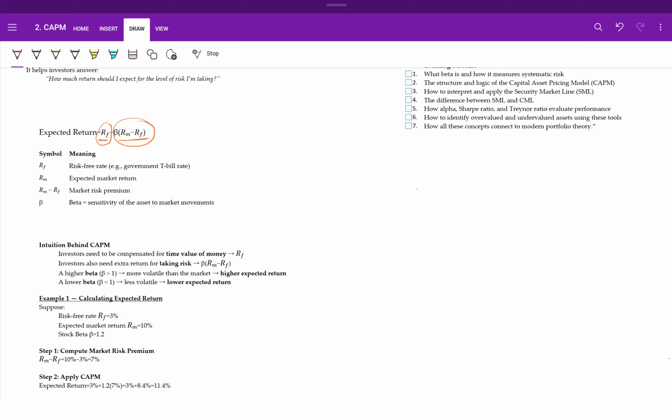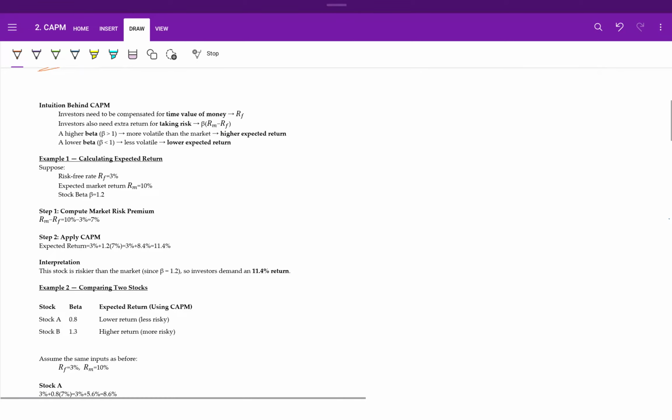Government T-bill rate is the risk-free rate, and how much more we are making given the sensitivity of the stock with the market, which is represented by beta. That's the expected return. Okay, so let's just do a recap.